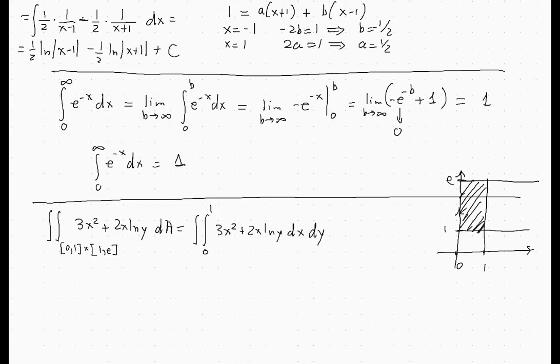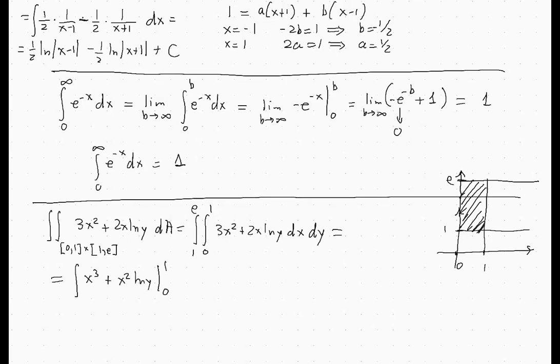So what do you do? You look at the inner function and you think of y as being constant. And you take the antiderivative with respect to x. So the antiderivative with respect to x will be x cubed plus x squared ln y. And you're going to go from 0 to 1. And then you will have to integrate with respect to y from 1 to e.